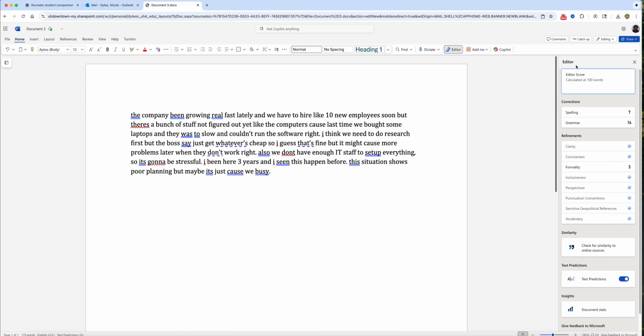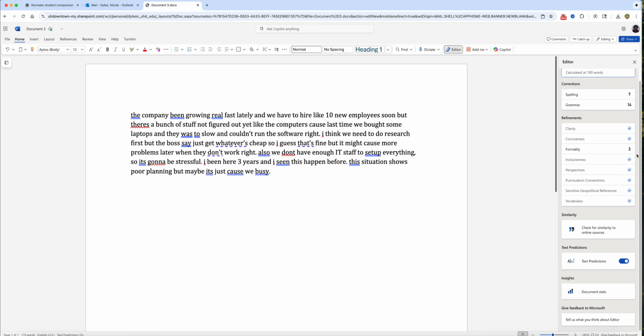So you cannot solely rely on what the editor says is right or wrong. You also have to rely on the basic writing mechanics you've been taught. To use the editor, and again, this is just one part of what you need to do to make sure your paper is well written, you can toggle it on and off, and then it will, let's see.